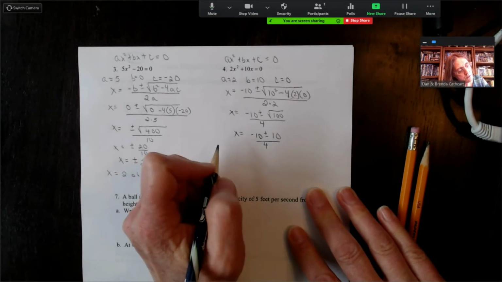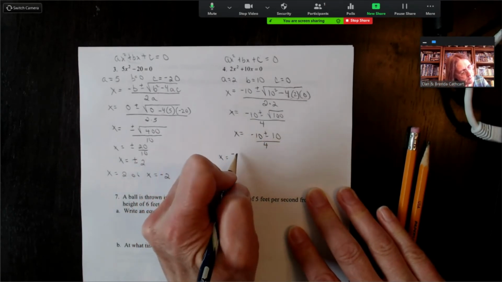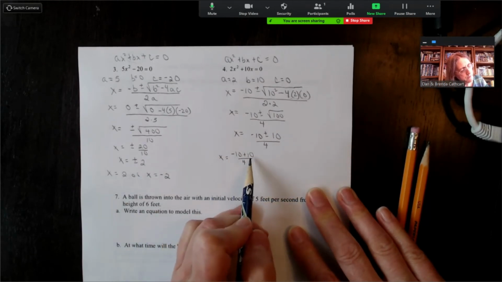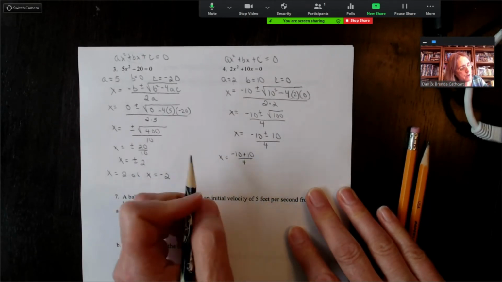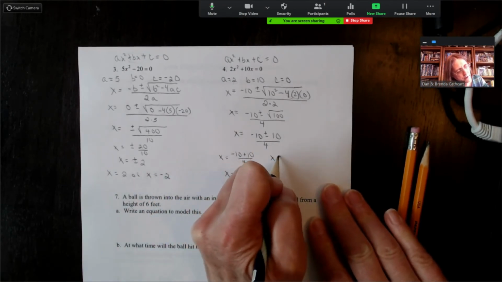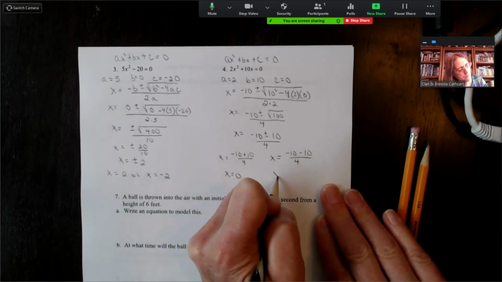Let's look at the two choices there. x equals negative 10 plus 10 divided by 4. Well, negative 10 plus 10 is 0, and 0 divided by 4 is 0. Our other possibility is x equals negative 10 minus 10, all divided by 4.